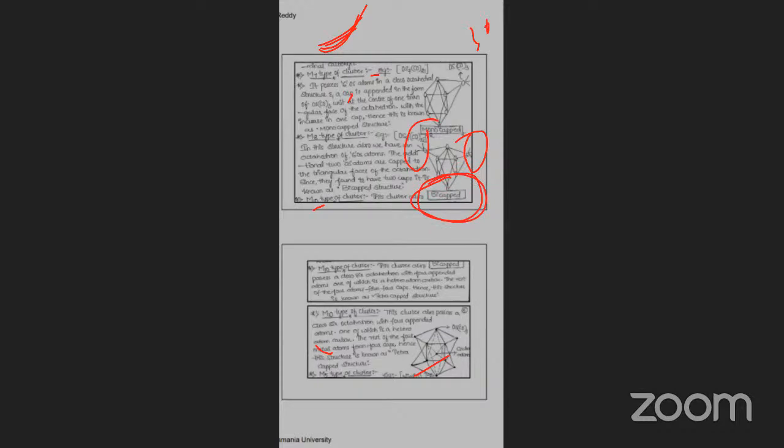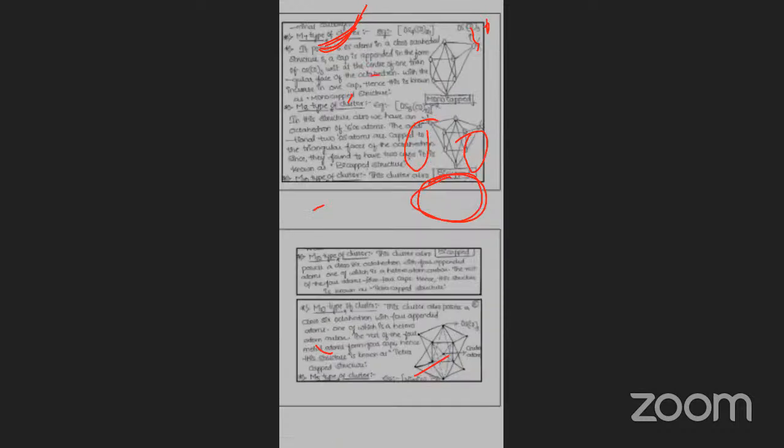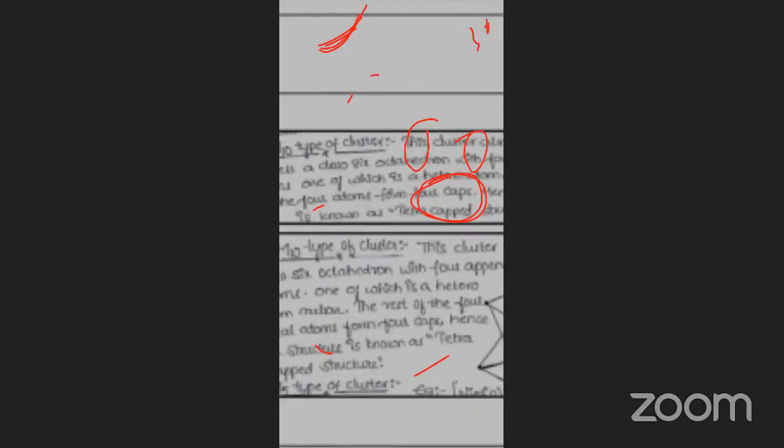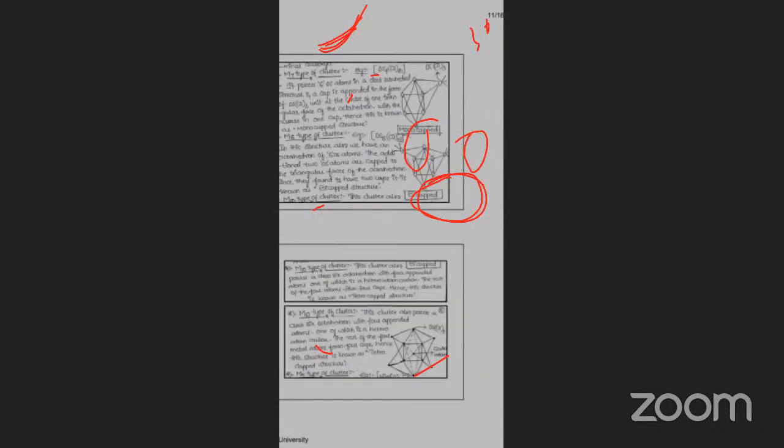Next is the M10 type. M9 is not general; monocapped is there, bicapped is there, and at the same time tetracapped is there. The M10 cluster is a tetracapped structure.